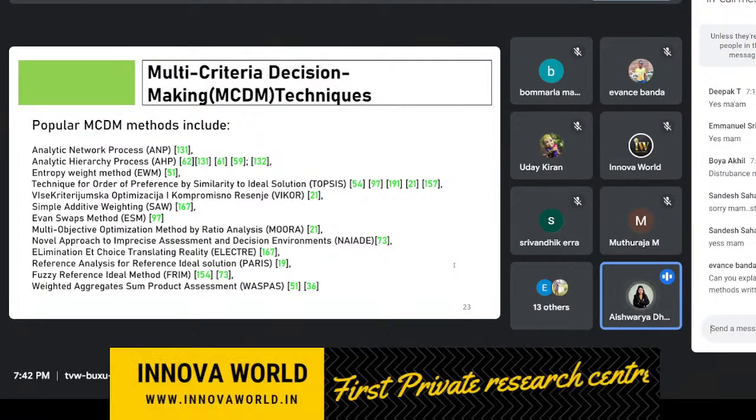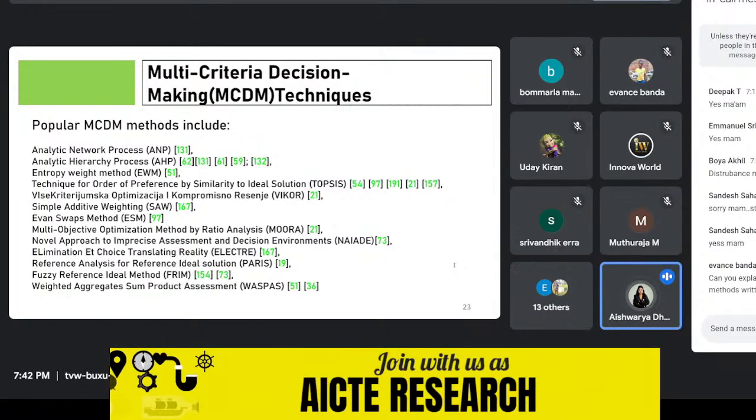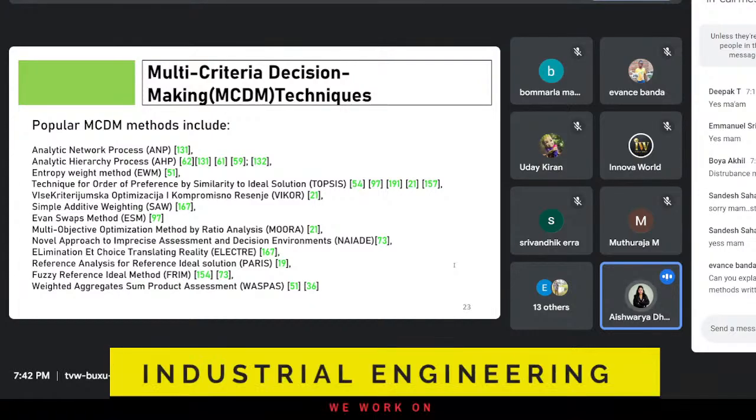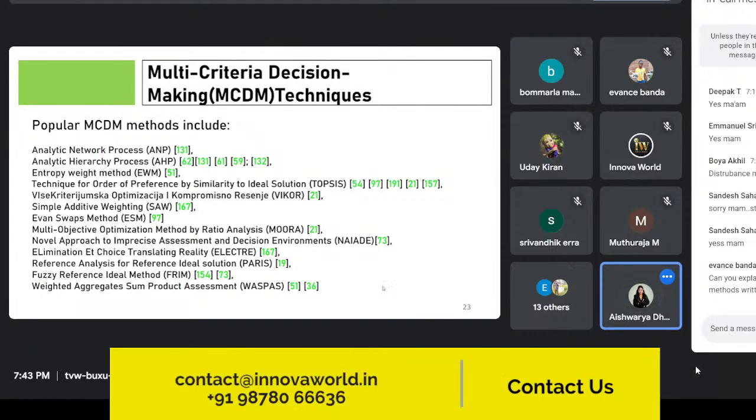These are the list of methods that you can see. These are the commonly used ones, right? You can take a screenshot of this, as the same method has been shown in the literature review that I showed previously.